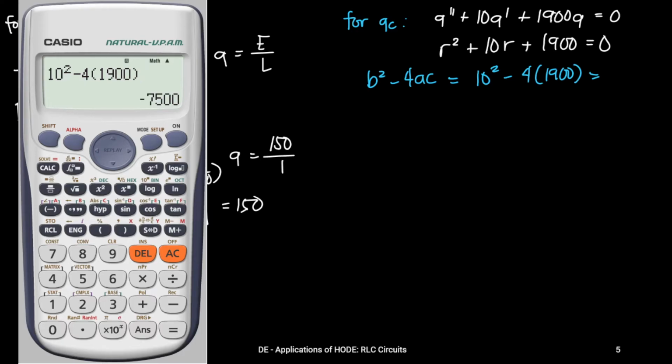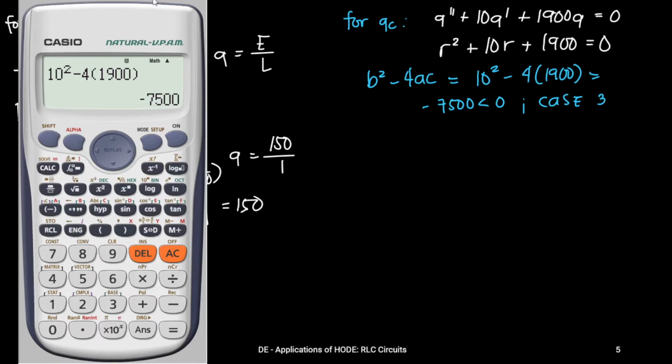This is equivalent to negative 7,500. Okay, so we have negative 7,500, which is way less than 0. So hence this is case 3. So we have imaginary roots, no?